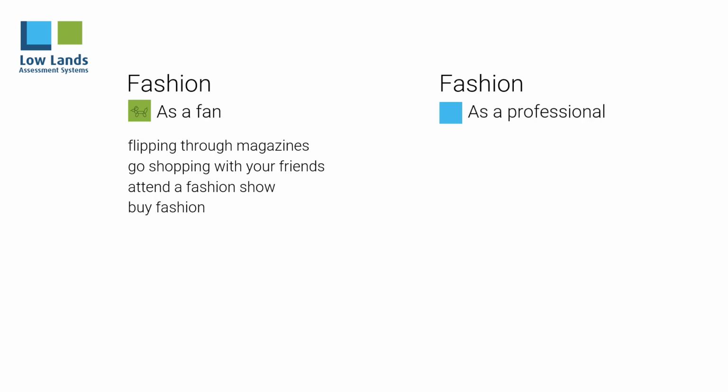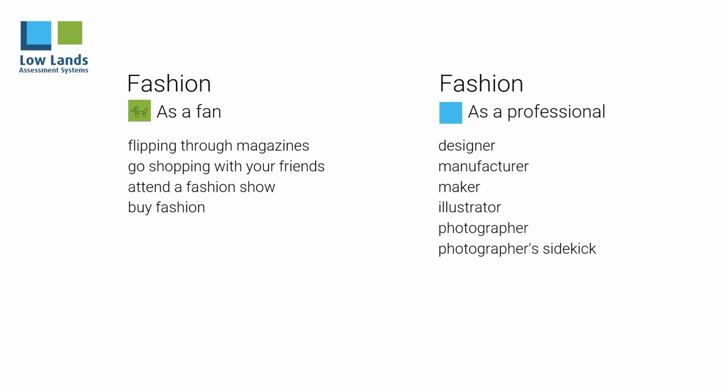And as a professional, you could be part of the fashion industry. As a designer, as a manufacturer, as a maker, as an illustrator, as a photographer, as the photographer's sidekick, as a stylist, as a makeup artist, as a site scout, or as a model. Of course, this list is not complete and this example was only one of many sectors in the field of art and creativity. To give you an idea, we've put together an organized and perfectly structured list for you.